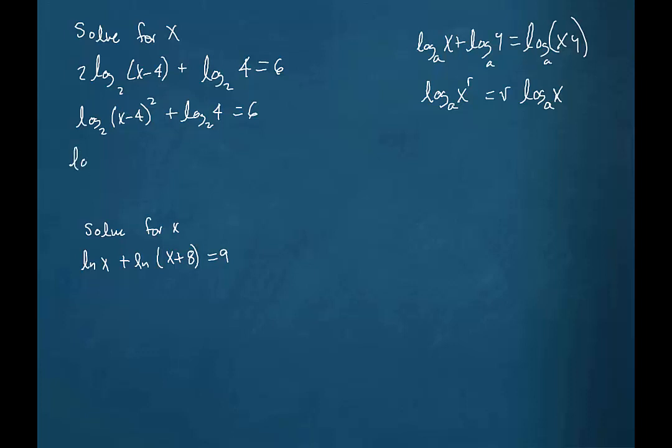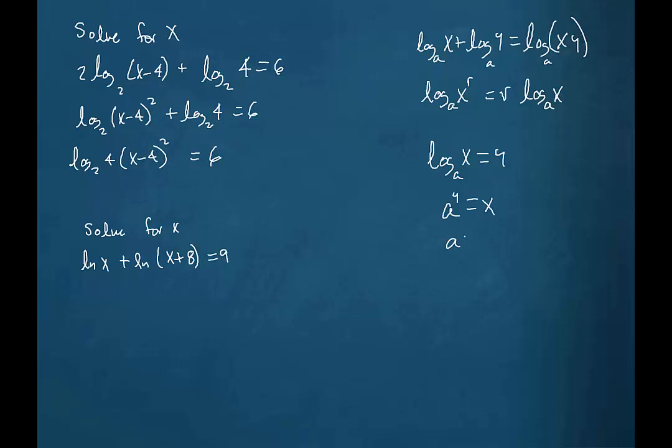So we have the log base 2 of 4 times (x minus 4) squared is equal to 6. Now we can convert this to its exponent form. That is going to be using our log form and converting it to its exponent form.